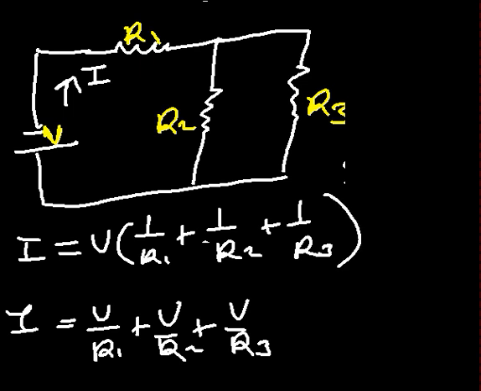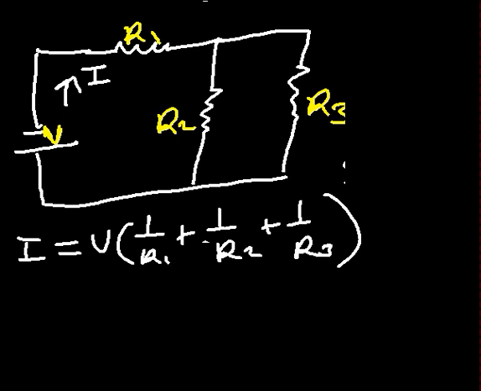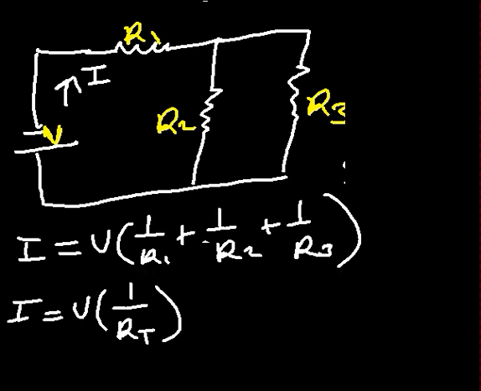So what information can we depict from there? Since the voltage factor is the same for all, we'll have the current equal to the voltage times 1 over the total resistance. So that's the information we can depict from this expression.